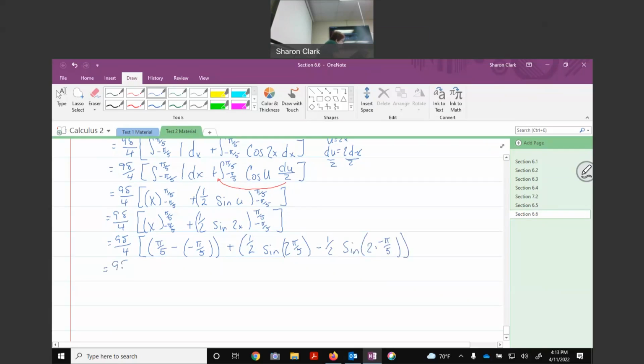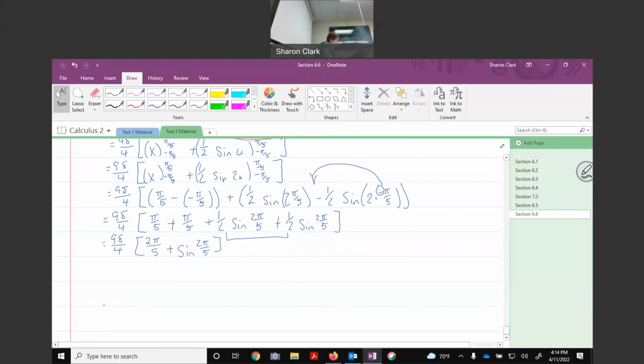So that's 9 delta over 4 times pi over 5 plus pi over 5 plus 1/2 sine 2 pi over 5. Now remember, that minus can come out and make that a plus: 1/2 sine 2 pi over 5. So that's 9 delta over 4 times 2 pi over 5 plus sine of 2 pi over 5, because these two halves make a whole.